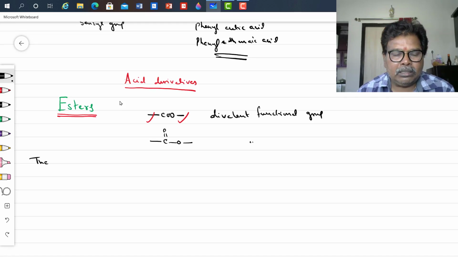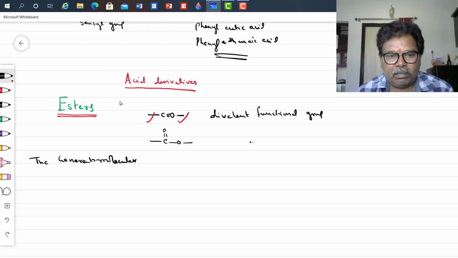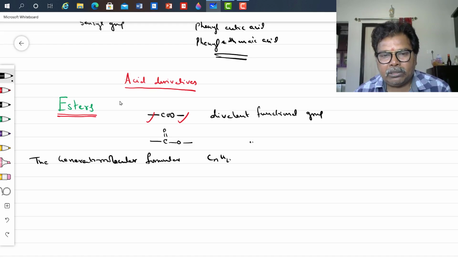The general molecular formula of esters is CnH2nO2.